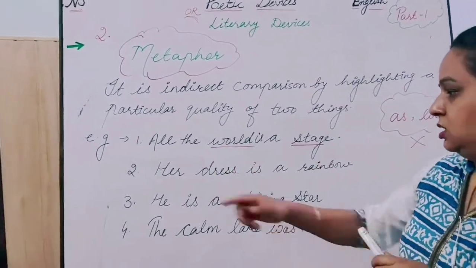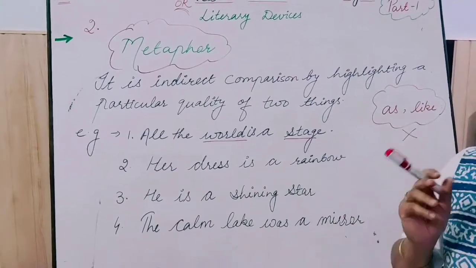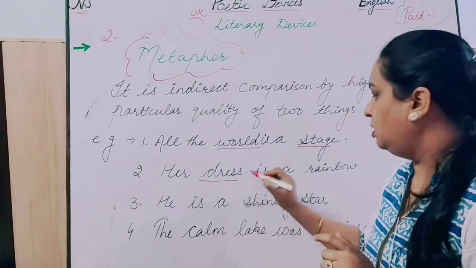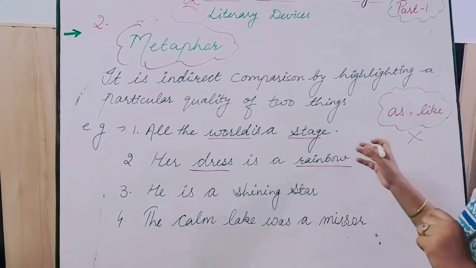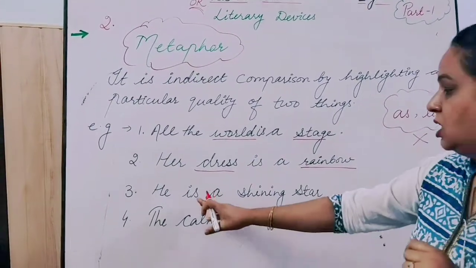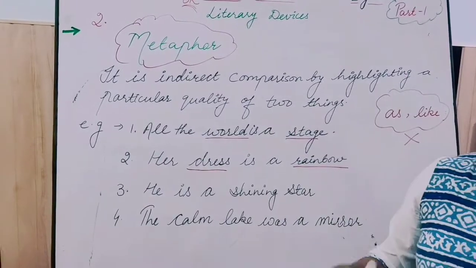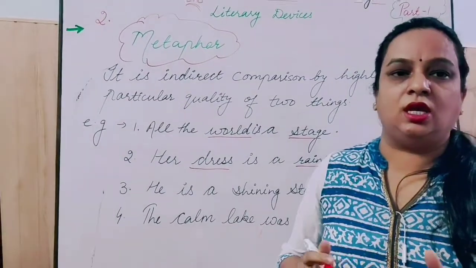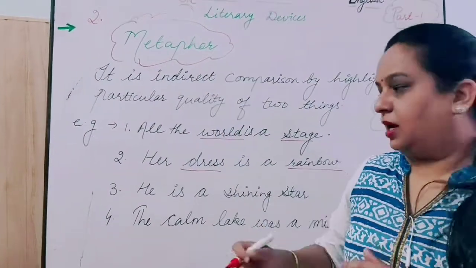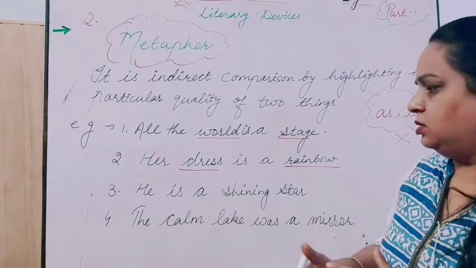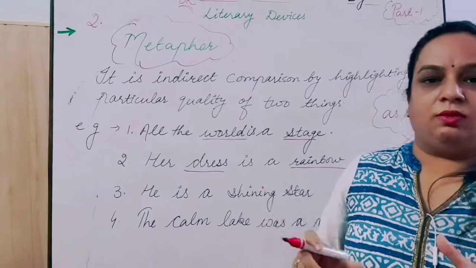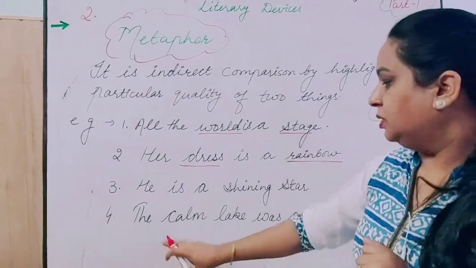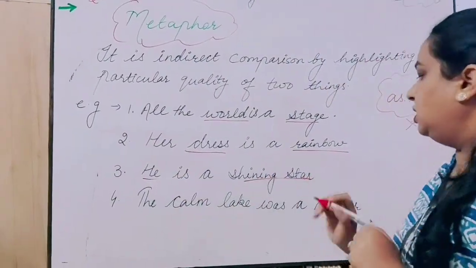In the second sentence, her dress is a rainbow, I have compared her dress with a rainbow without using the words as and like. He is a shining star. I am not using as or like. I said here only, he is a shining star. So it's a comparison between he and the shining star.